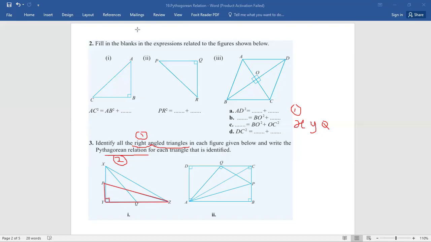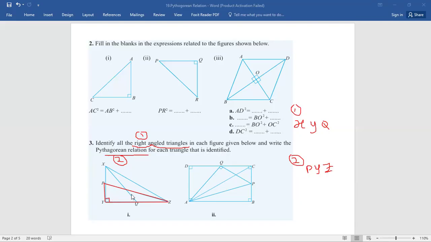So I will write it PYZ. So that is my second one, PYZ. Right? That is my second right angle triangle.